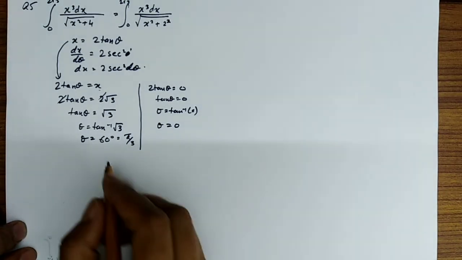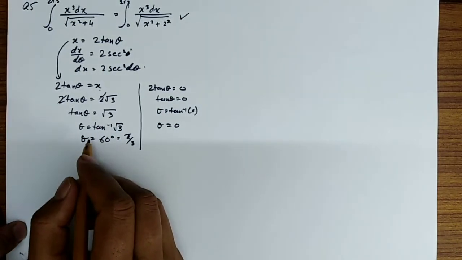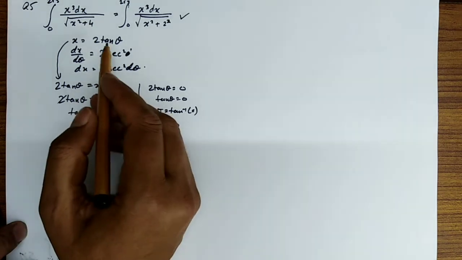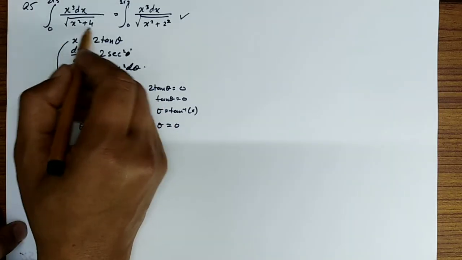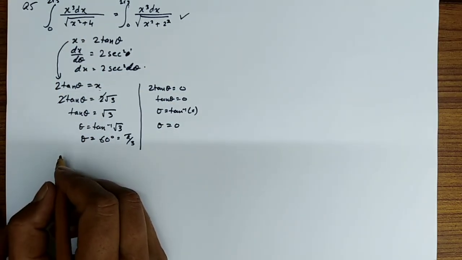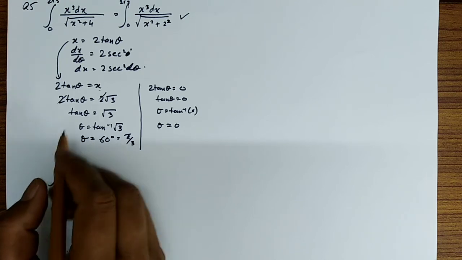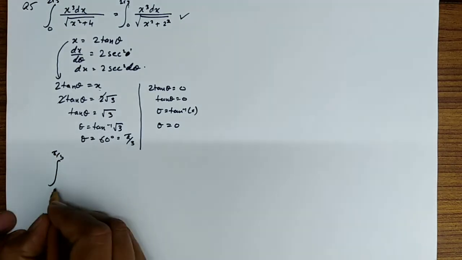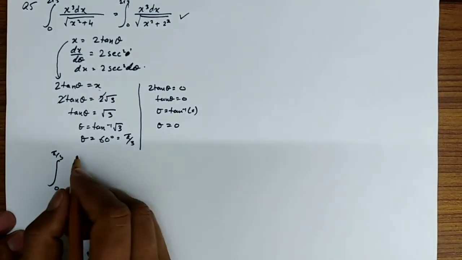Okay, now putting all these values in the original question, let's substitute the values. By putting the values, we have now in place of 2 under root 3 we have pi upon 3, here we have 0, and in place of x cube, what is x?